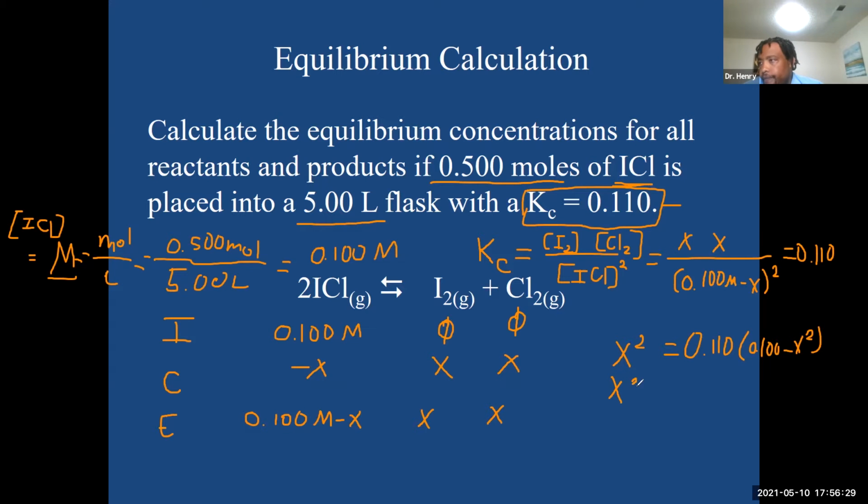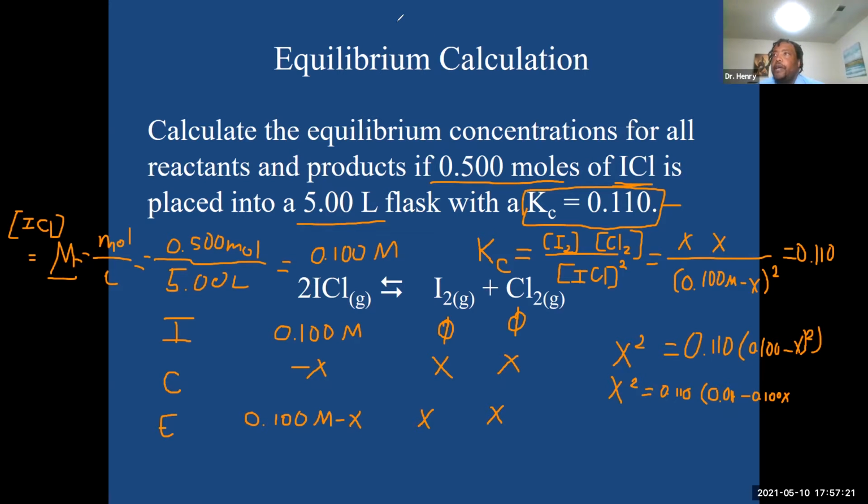So we get x squared equals 0.110 times 0.0 minus 2, 0.100x.